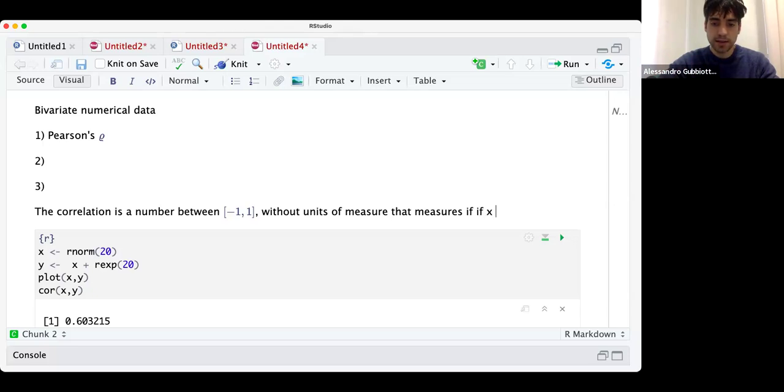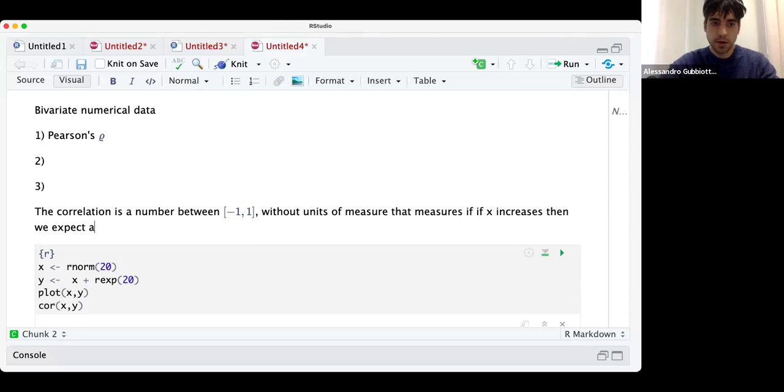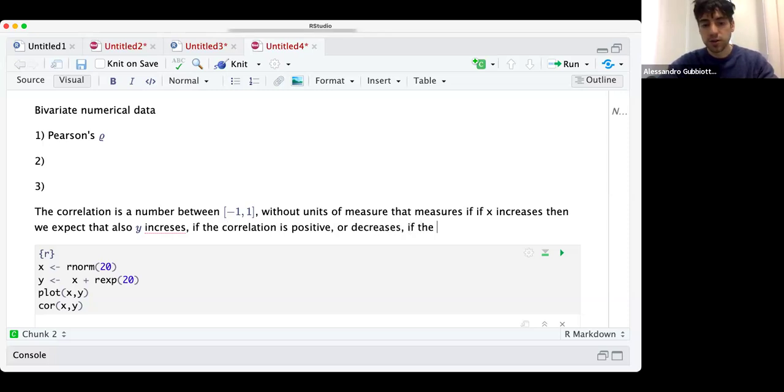So if x increases, then we expect that also y increases if the correlation is positive, or decreases if the correlation is negative.